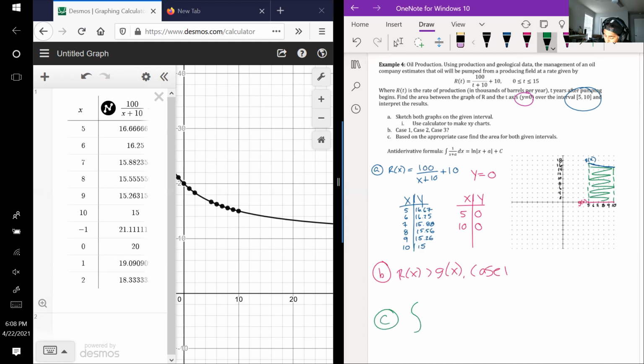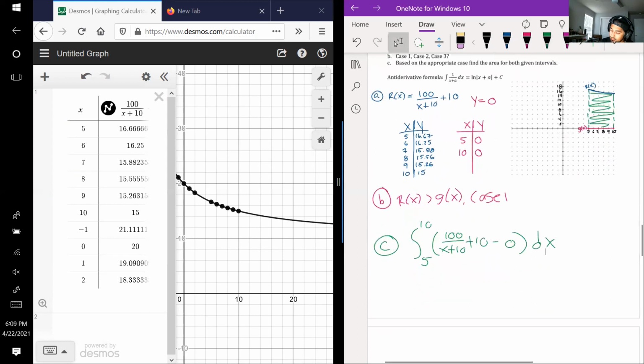And we'll get the integral from 5 to 10 of 100 over x plus 10 plus 10 minus 0 dx. Okay. And now I'll just type it in because we don't even have to worry about that 0 now.